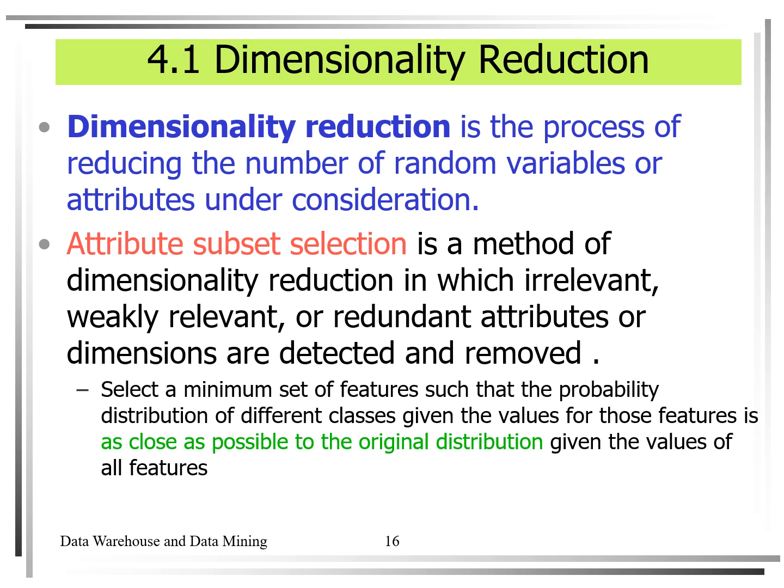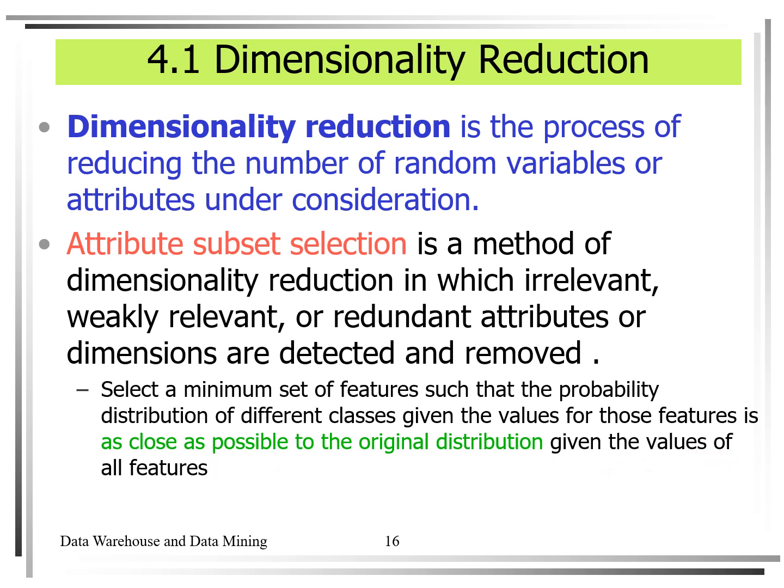So the purpose of dimensionality reduction is to select a minimum set of features such that the probability distribution of the different classes, given the values for those features, is as close as possible to the original distribution given the values of all features.